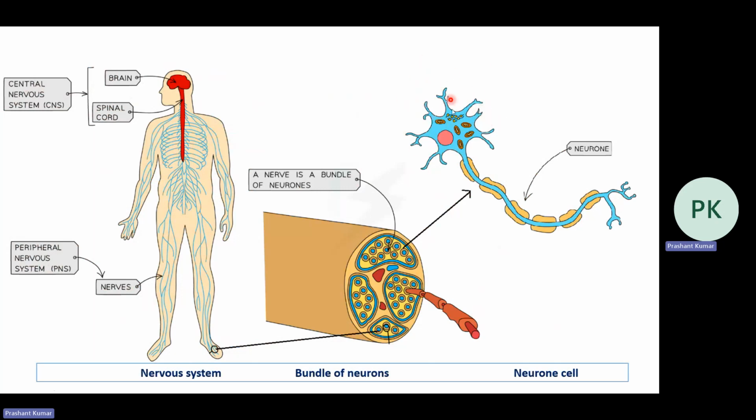The cell body receives the information and it travels down through this tube to the axon terminal. This is the axon and this is the axon terminal, and another neuron is also near it. Not connected, they are near to each other, so that information will transfer from one cell to another cell.